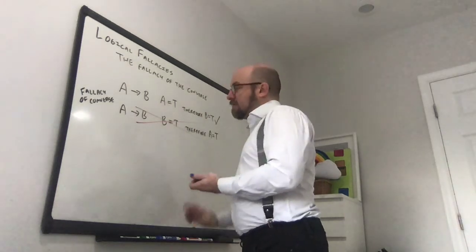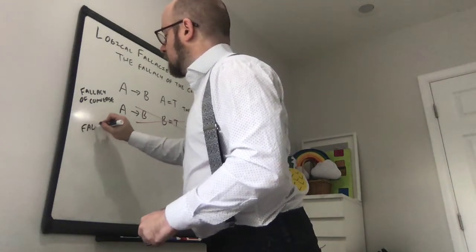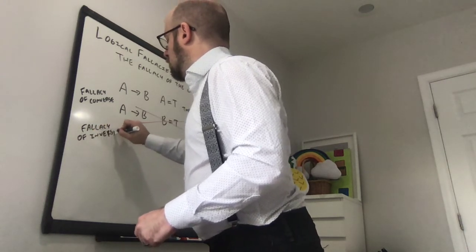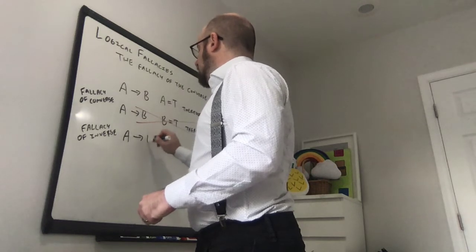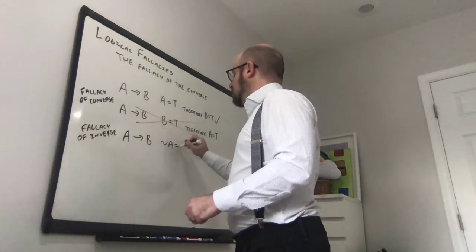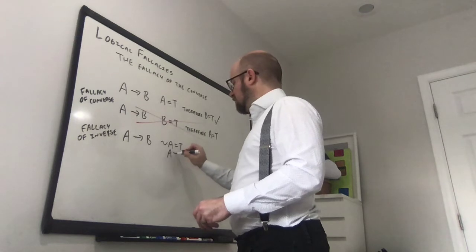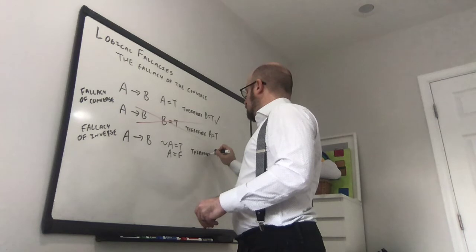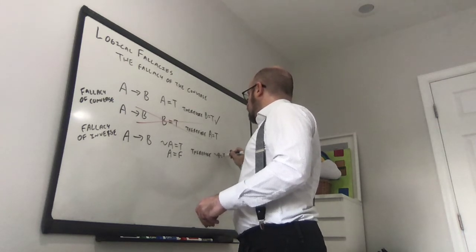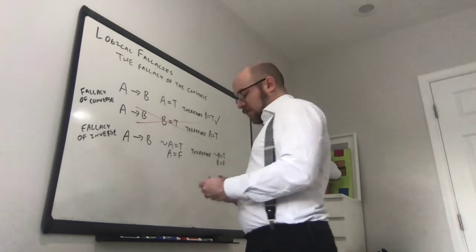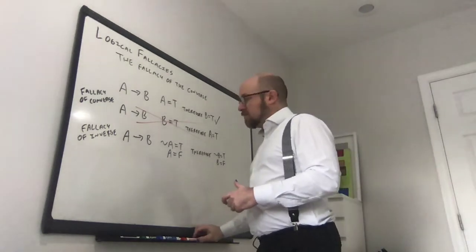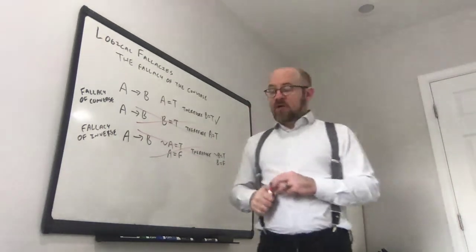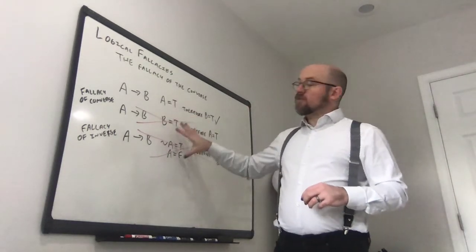Or you can have the fallacy of the inverse, which says A implies B, not A is true, or A is false, therefore not B is true. B is false. And that's also a fallacy. That one doesn't work. Okay? So, good arguments versus bad arguments.